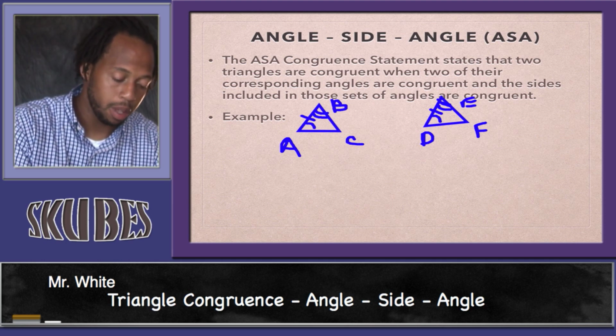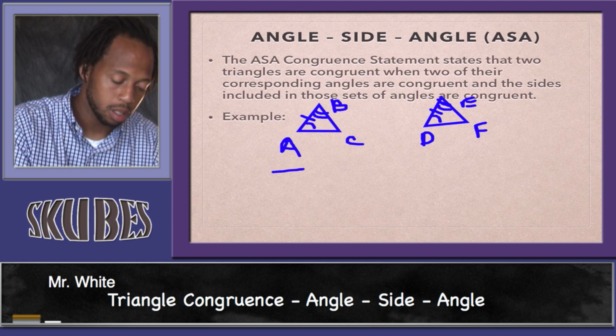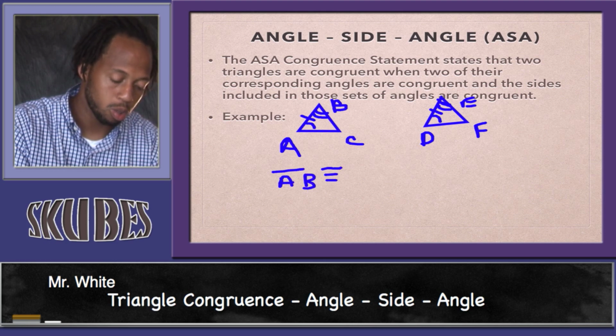And so with that being said, side AB is congruent to side DE.